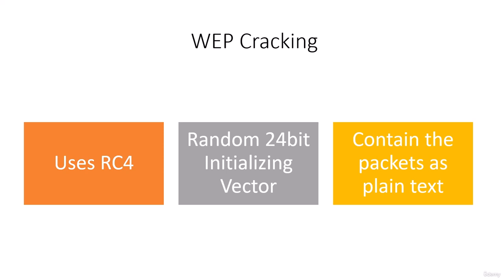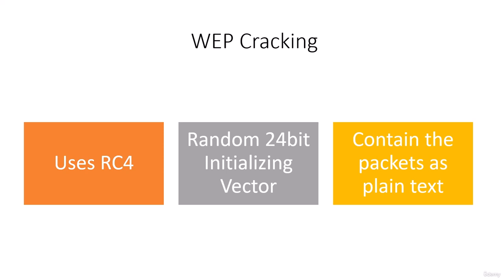In a busy network we will have a very large number of packets, so the possibilities of unique IVs will be exhausted, and we will be able to sniff all those packets and collect the ones that have the same initialization vector.